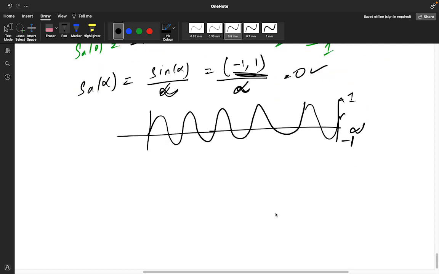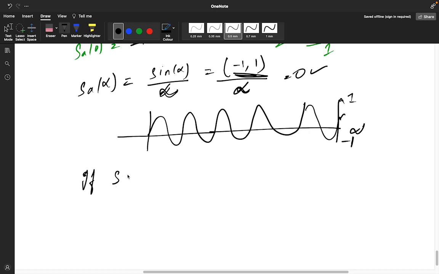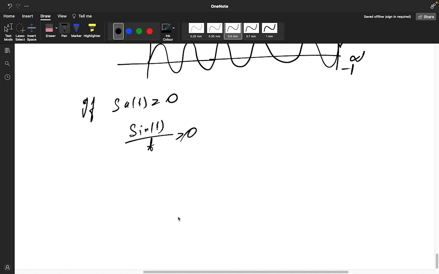So how will the curve look like? When will sin t by t be 0, that is, when is the sampling function 0? If the sampling function is 0, that means sin t by t is 0. We need to find at what value we get 0.